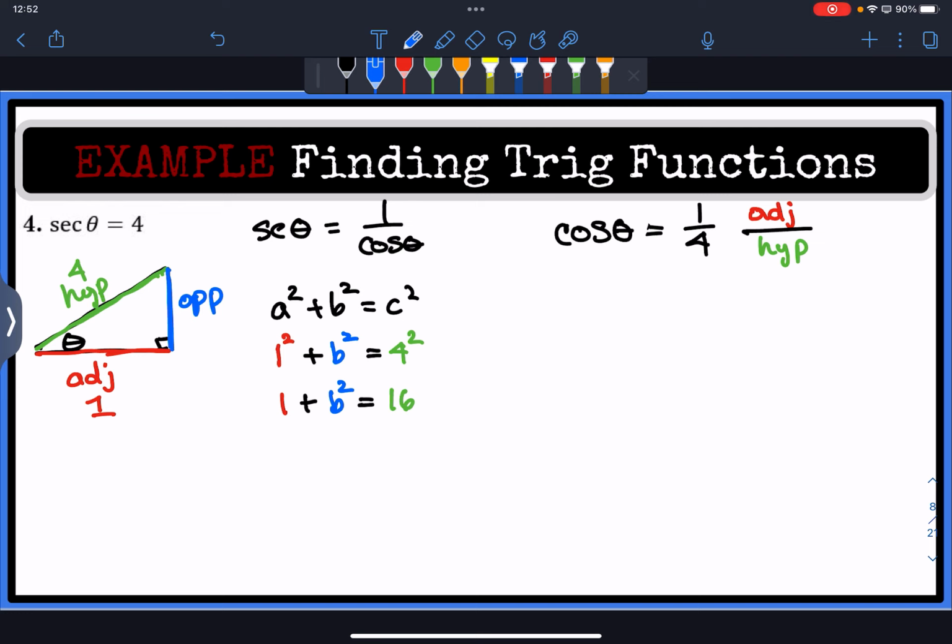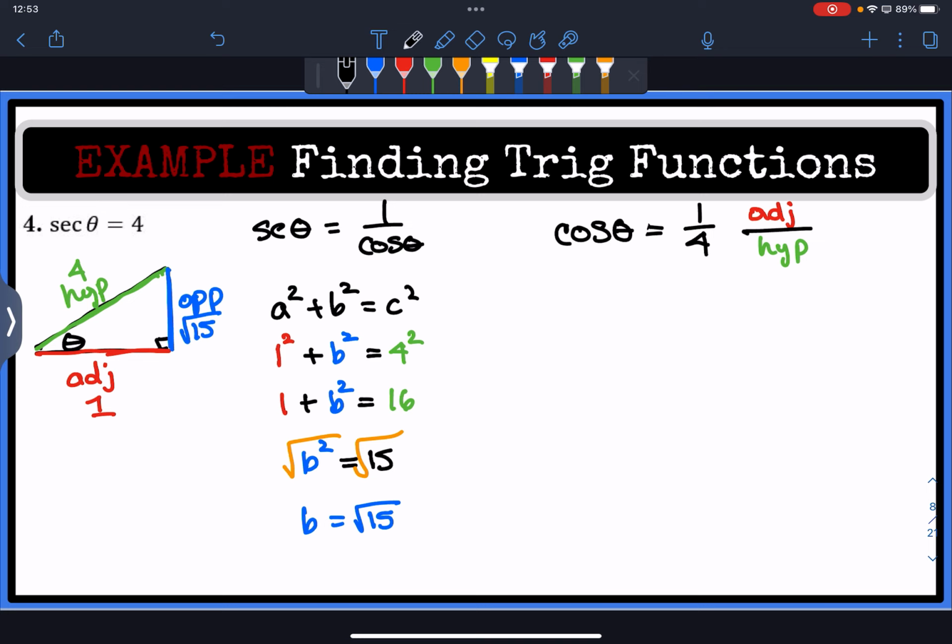We'll subtract 1 from both sides, so 16 minus 1, that's 15. And then taking the square roots, we get our answer for b. So b equals the square root of 15, which does not simplify to anything. So we end up with the square root of 15. There's no perfect square factor inside there, so there's no way to simplify that.